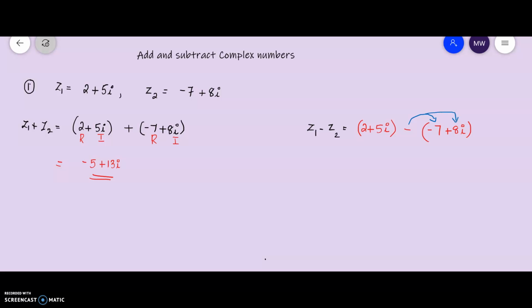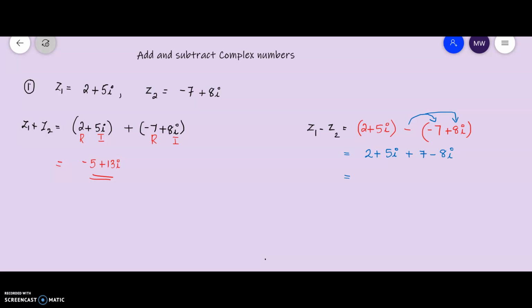So we have to change the sign of the negative 7 and the positive 8. You rewrite the 2 plus 5i just like that. Negative times negative becomes positive 7. When you distribute the negative to the positive 8i, it becomes negative 8i. So all you did was distribute the negative to both these terms.